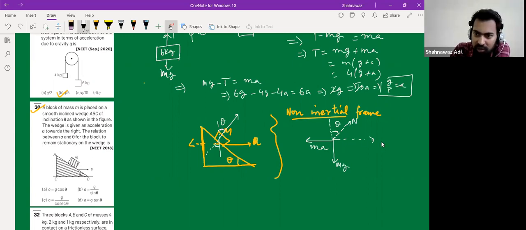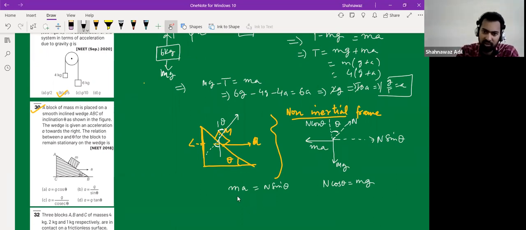So this is N sin theta, and this is N cos theta. For equilibrium, for this body to experience no acceleration or no net force, N cos theta will be mg, and your ma will be N sin theta.